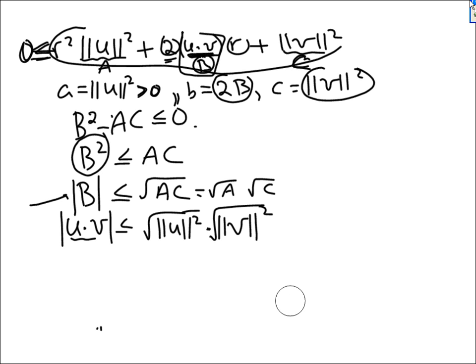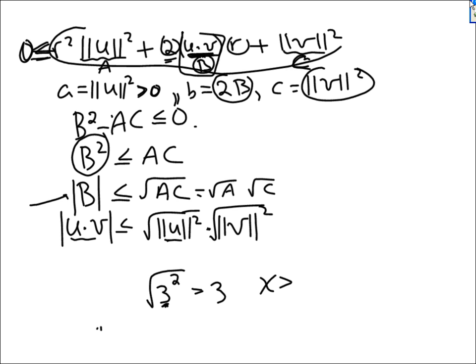The length of u is not negative. So if the base is not negative, and then you square it, and you take the square root, if that's not negative, you get back the same thing.